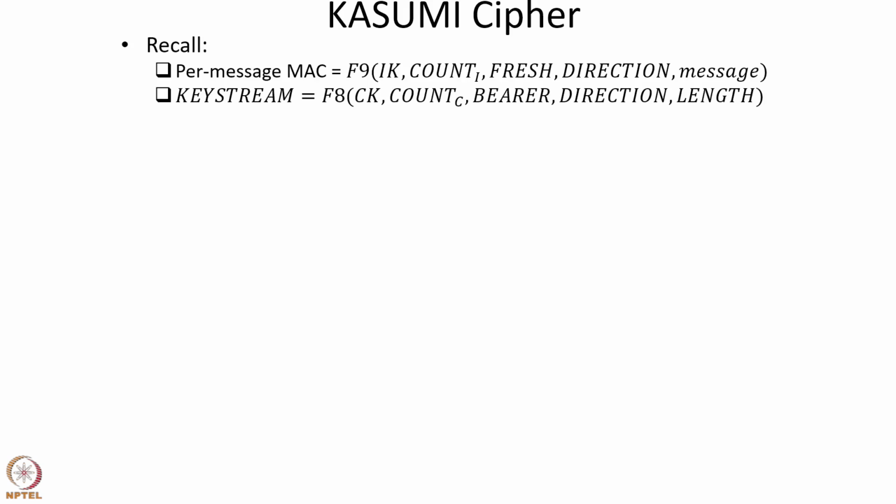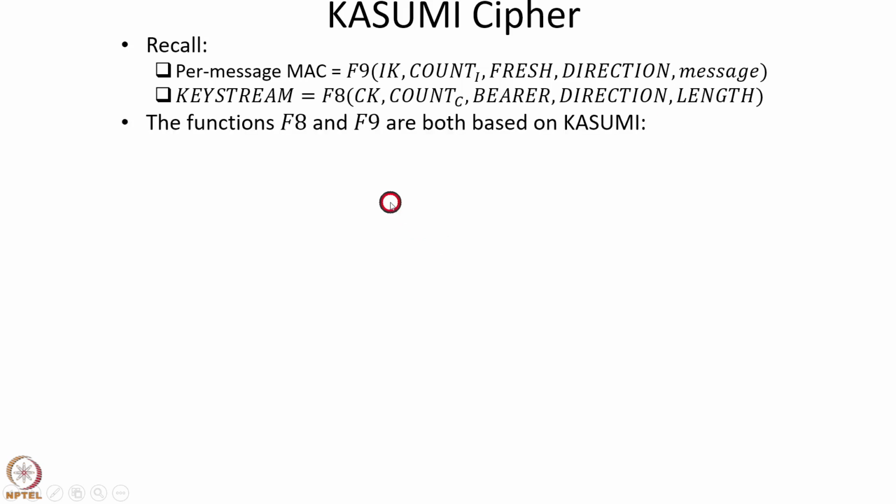Now all the keyed hash functions that we discussed, F1, F2, F3, and so on, are based on the Kasumi cipher. Recall that the per message MAC is F9 of these variables, and the key stream is F8 of these variables. These functions F8 and F9 are both based on Kasumi. Kasumi is a block cipher with 64-bit block size and 128-bit keys.